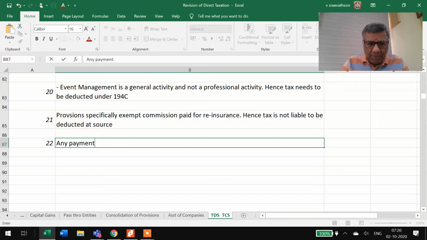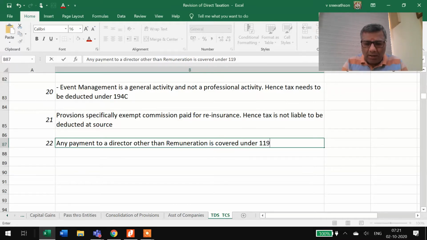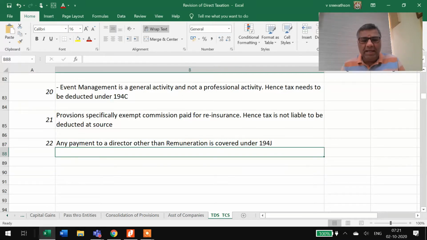Any payment to a director other than remuneration, my dear friends, is covered under section 194J and not under section 192. Remuneration is covered under 192.